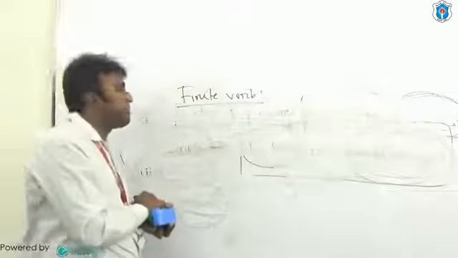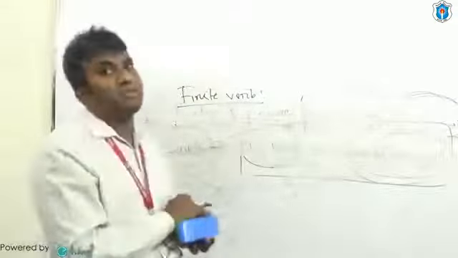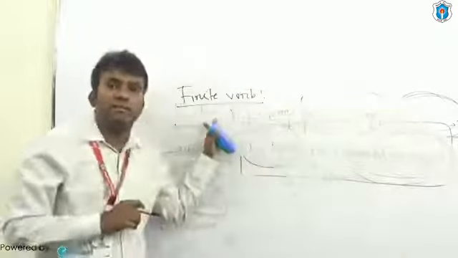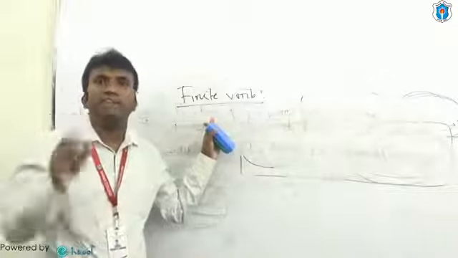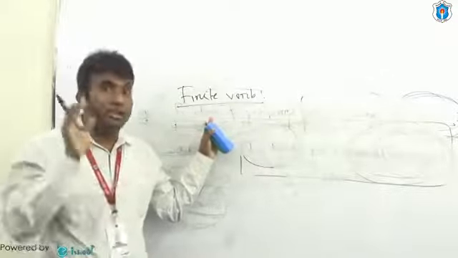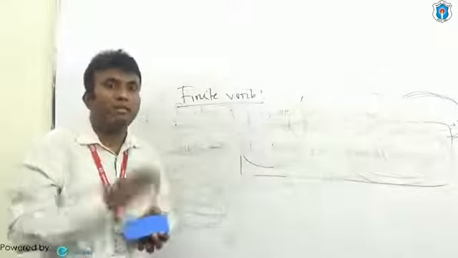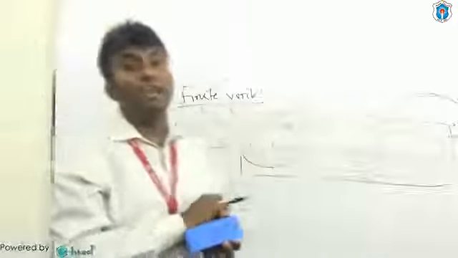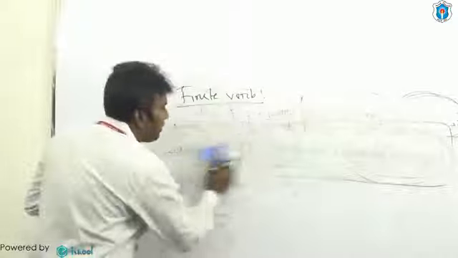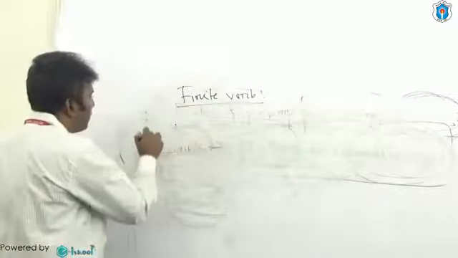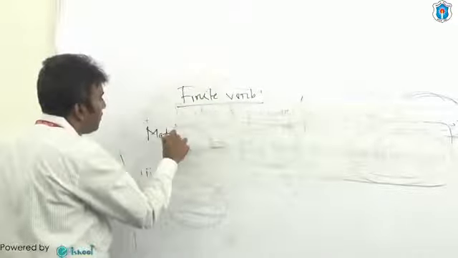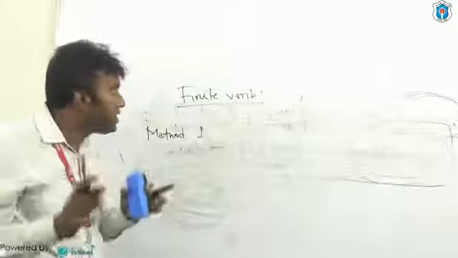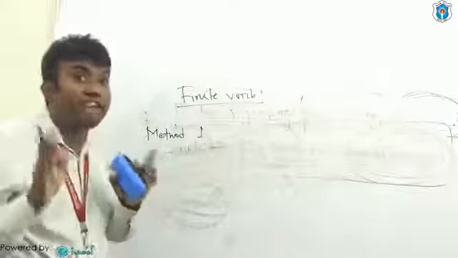Finite verb can be identified in some ways. There are actually three ways by which you can identify finite verb. You can note down, dear students, what are the three ways by which you can identify finite verb. Method 1. I'm going to teach you the methods of identifying finite verb.